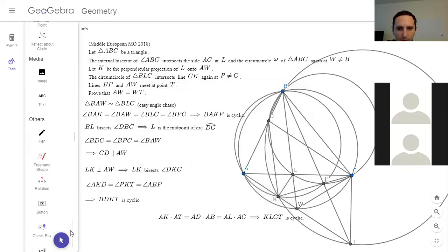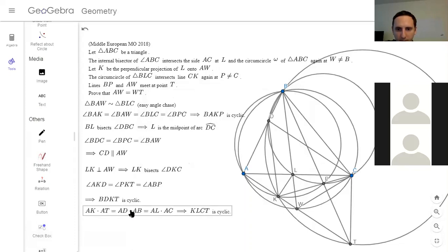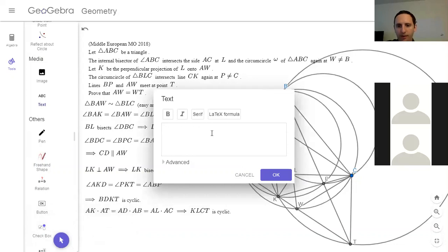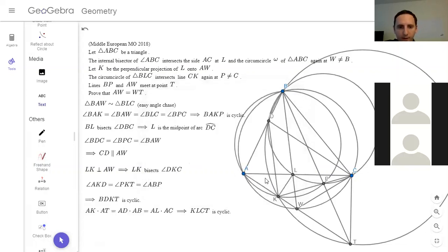All right. And then that means that angle LCT is 180 minus angle LKT. Is 90.